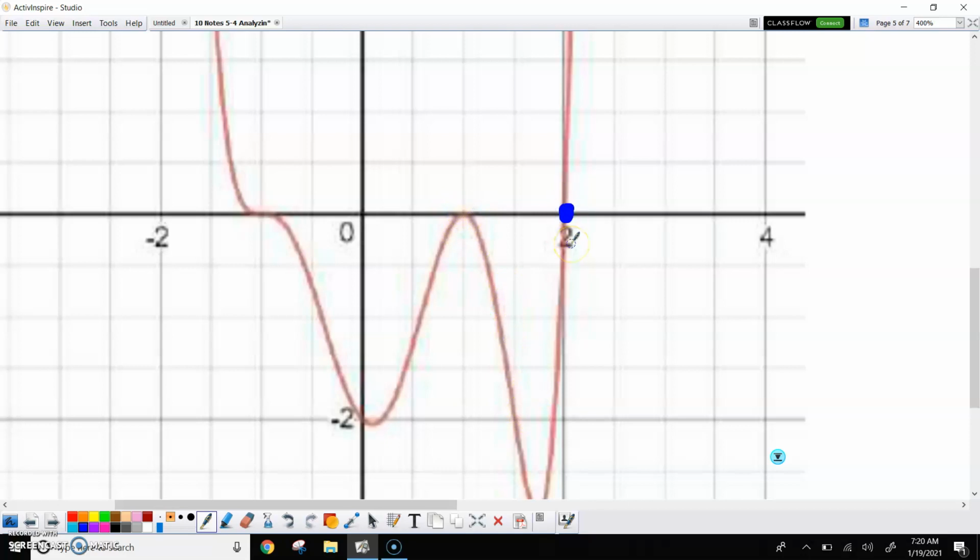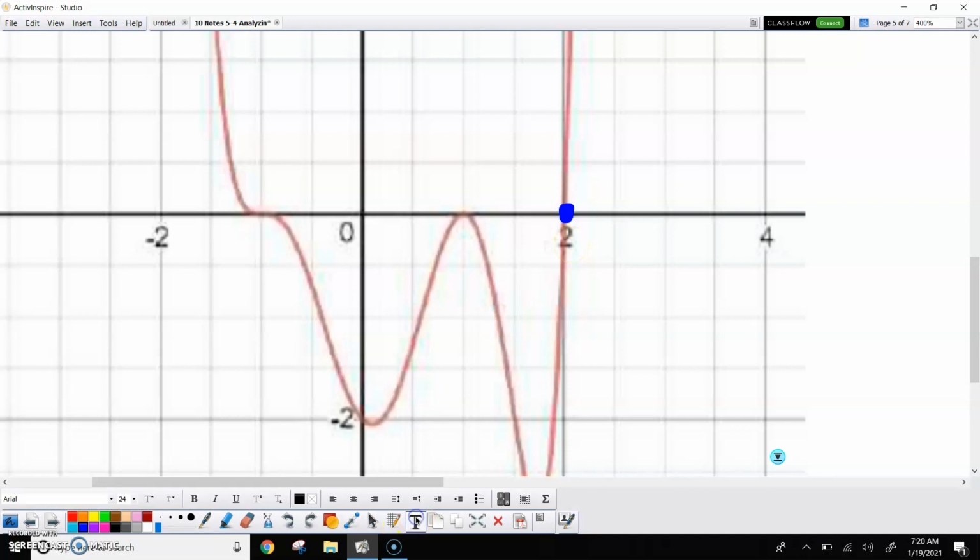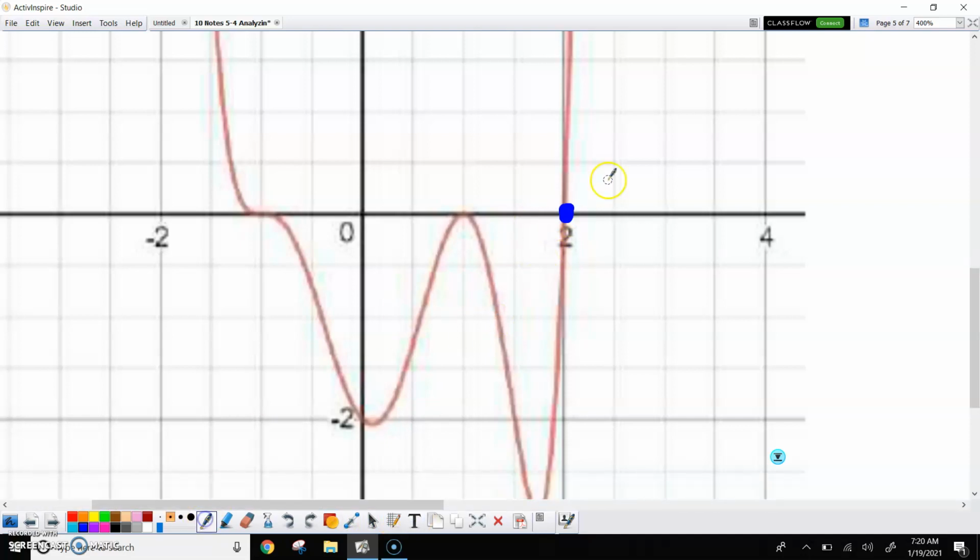So if it goes straight through, we call that a multiplicity of 1. If it curves through, like this one does, see how it gets slower, it curves and then goes to here, that has a multiplicity of 3. And then if it bounces back, it doesn't cross through, it just bounces back, it has a multiplicity of 2.